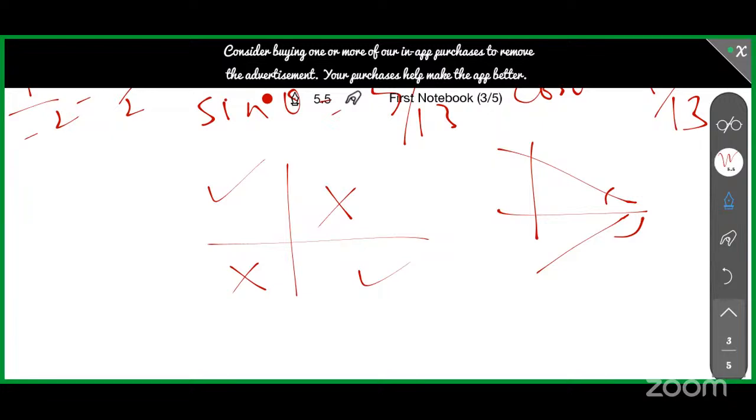If it is measured in the clockwise direction, the angle is taken in the form of negative. So I can't take my angle there. The only possible angle that I can take is in which quadrant now?